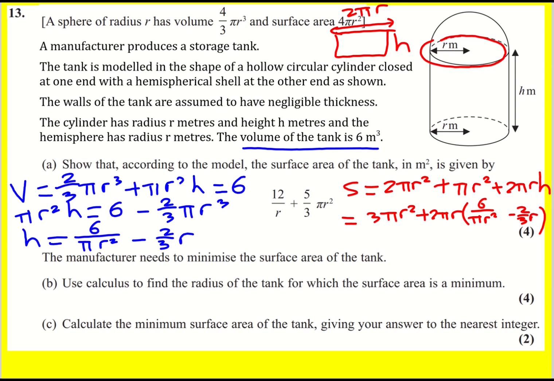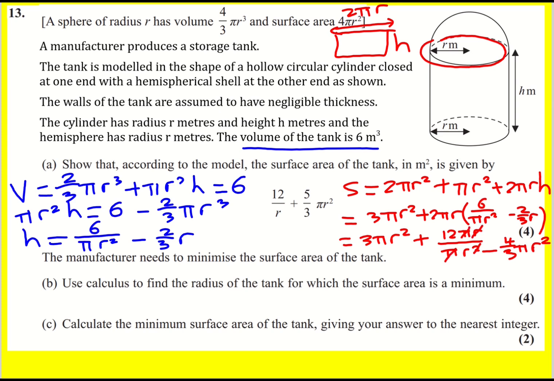And I can expand this bracket. So I'm going to get 12 pi r over pi r squared minus 2 times 2/3 is 4/3. And then pi r times r is pi r squared. These pi's cancel.